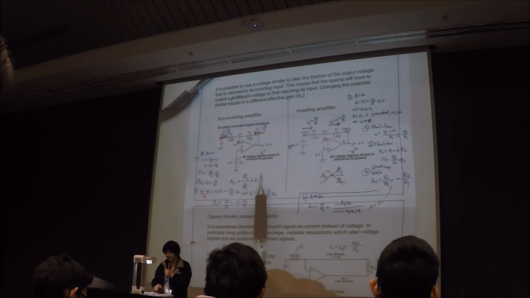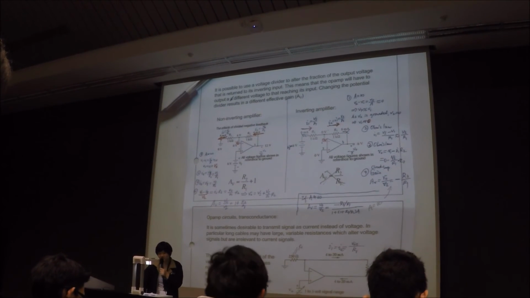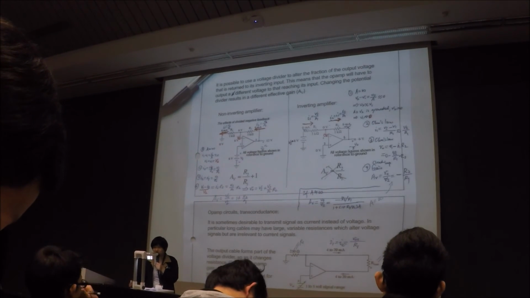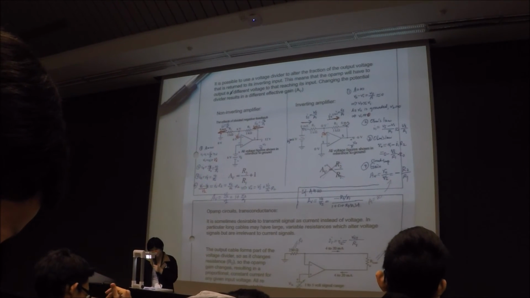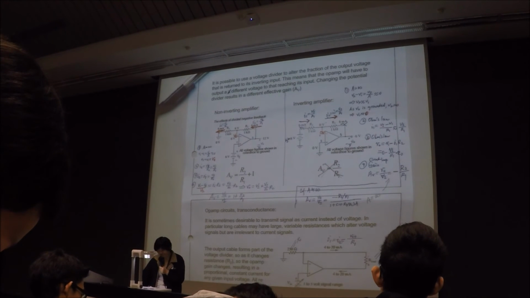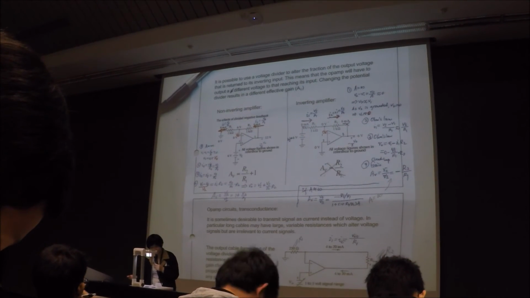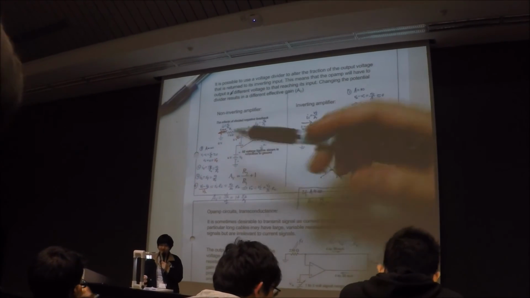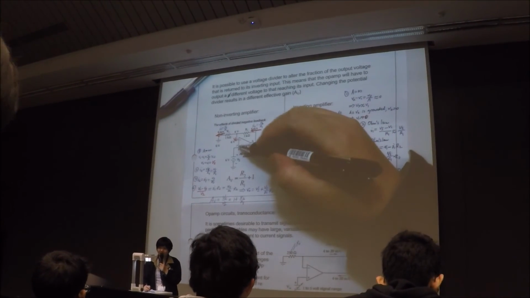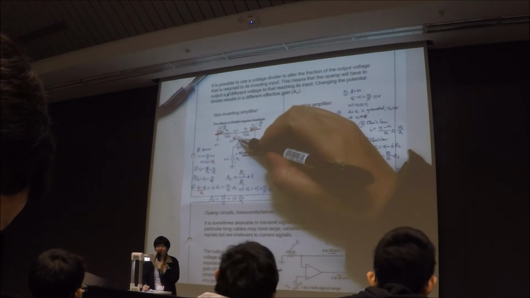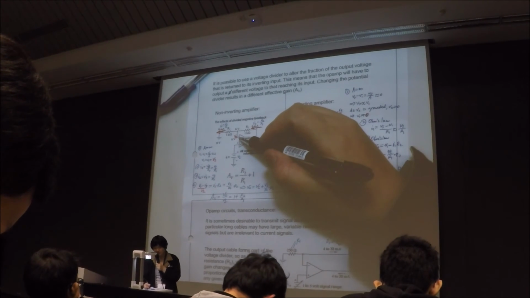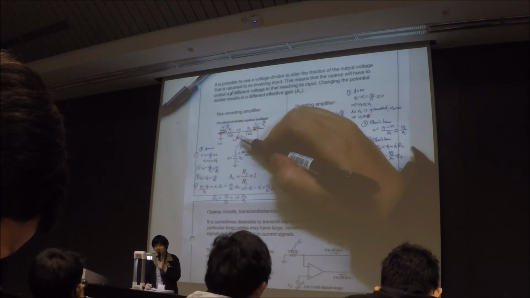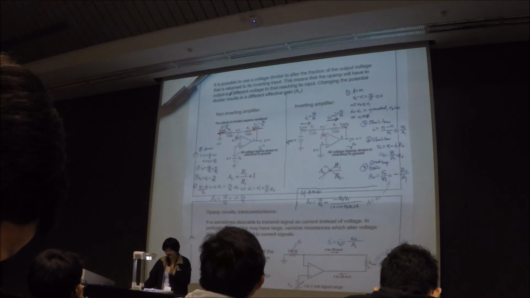The one on the left is the non-inverting amplifier. The input was injected into the positive terminal. According to the same analysis, the 6 volts at terminal 2, the positive terminal, will be seen at the negative terminal. So V1, the voltage at the negative terminal, will be 6 volts as well.